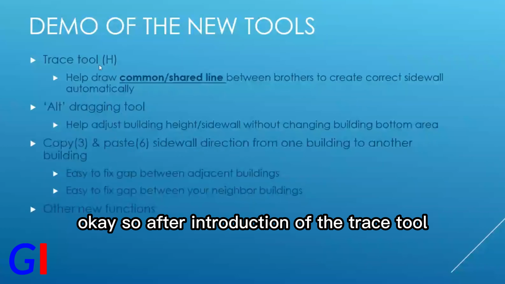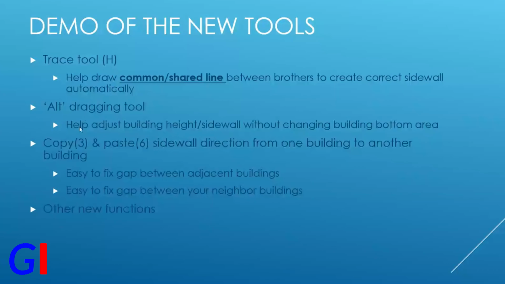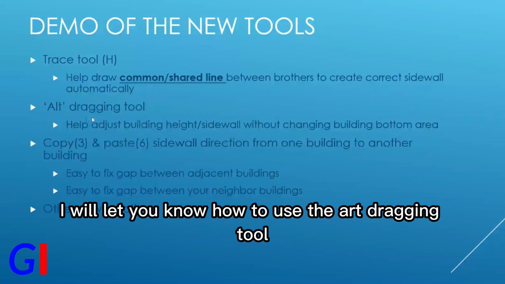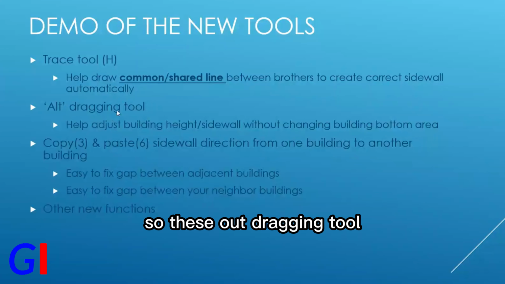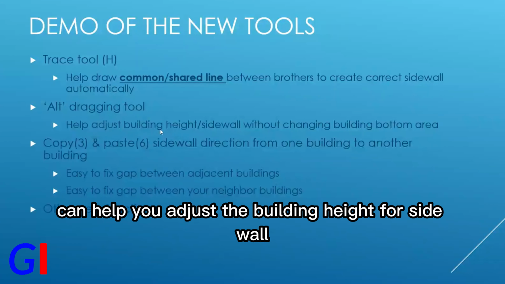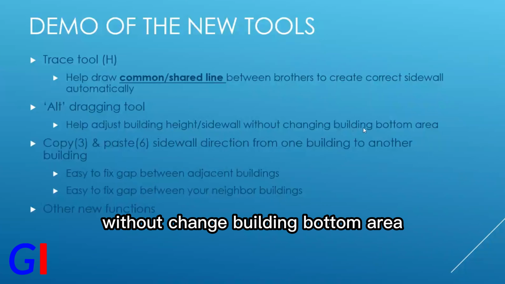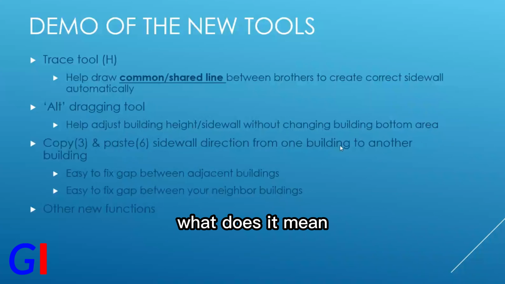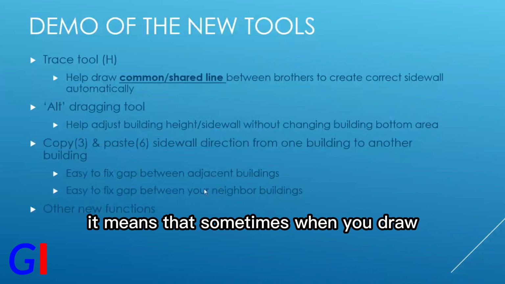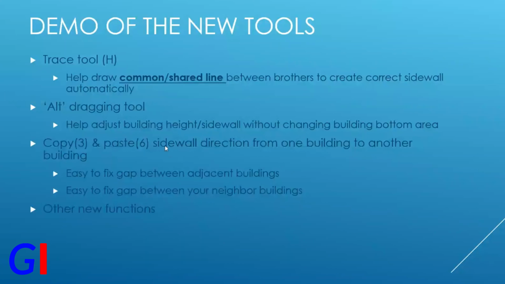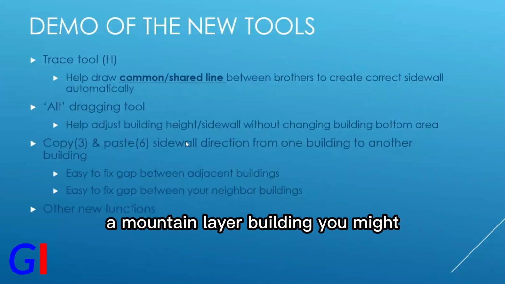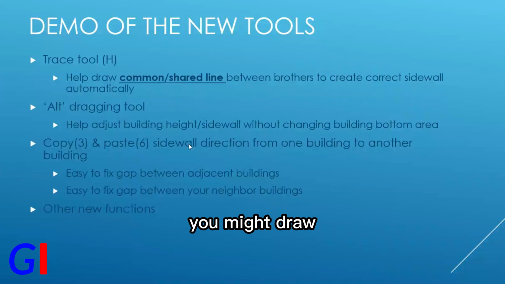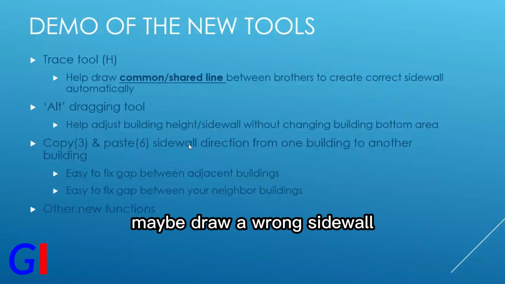Okay, so after the introduction of the trace tool, I will let you know how to use the Alt dragging tool. This Alt dragging tool can help you adjust the building height or side wall without changing the building bottom area. What does it mean? It means that sometimes when you draw a multi-layer building, you might draw a wrong side wall.